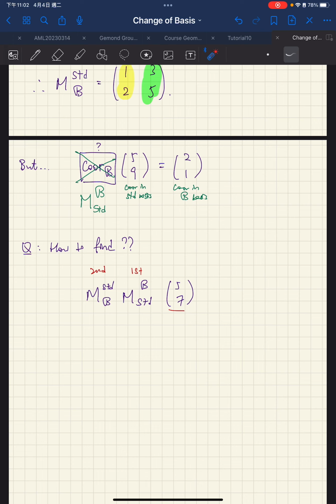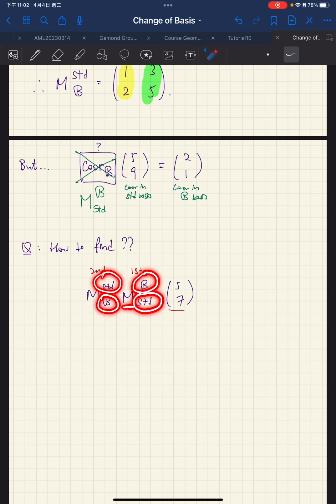And hence, when you're writing the matrix, when you're pronouncing it, you're saying the transformation matrix transforms from the standard basis to the B basis, and then from the B basis to the standard basis.